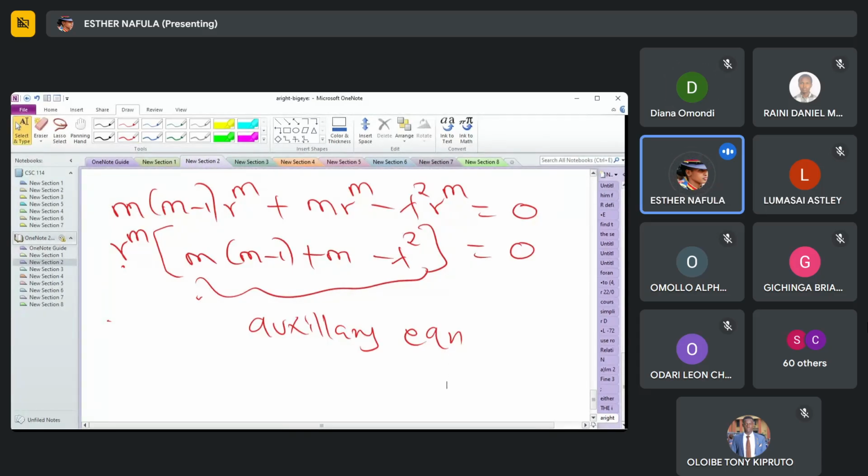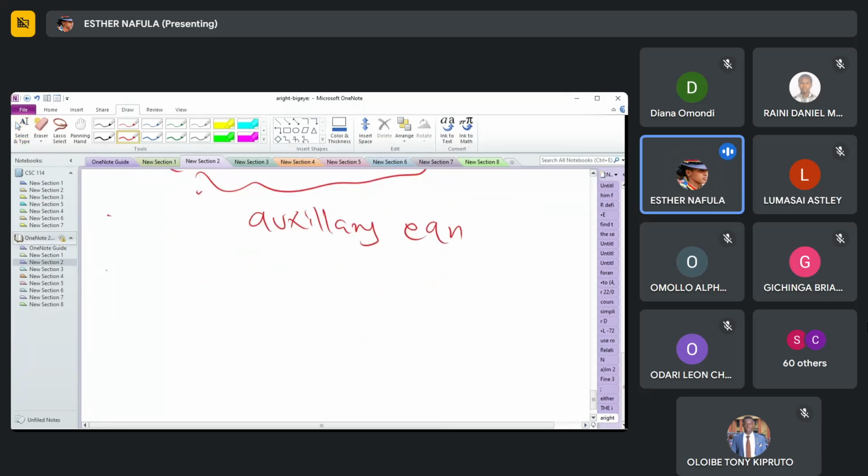Solving for m, let's first distribute the m in the first part. We will have m squared minus m plus m minus lambda squared equals 0. Minus m plus m is equal to 0, so this reduces to m squared minus lambda squared is equal to 0.